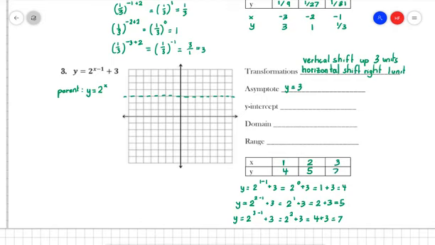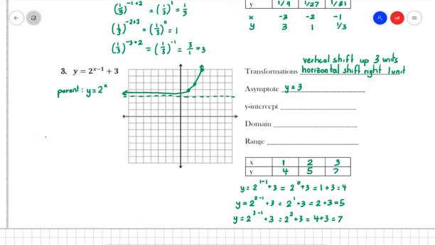So at 1, we're at 4. At 2, we're at 5. And then at 3, we're at 7. And we're getting infinitely closer. Looks like I'm getting further away, but you get the point. We're getting infinitely closer to that asymptote. So my y-intercept would be where I have 0.